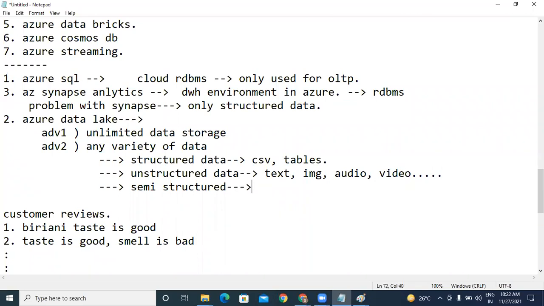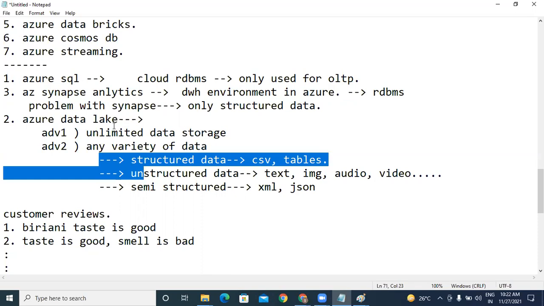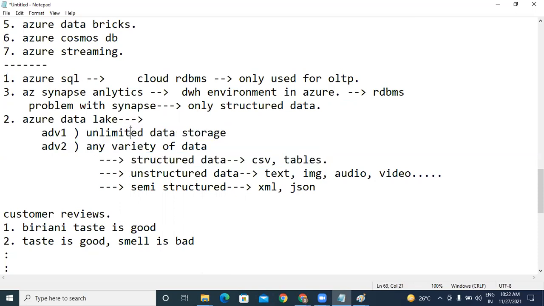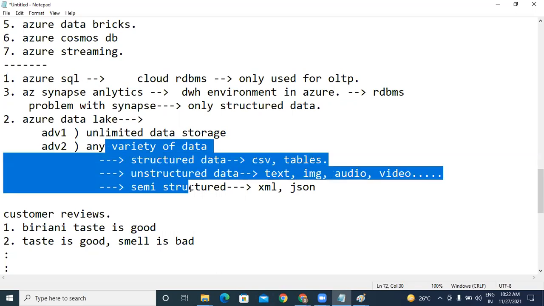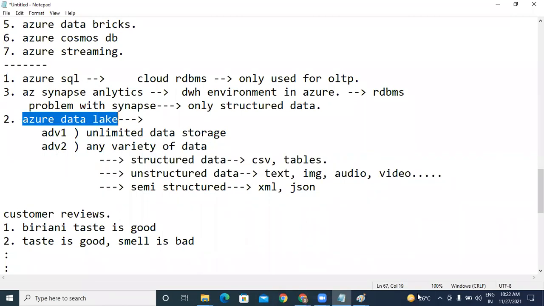Semi-structured means XML, JSON, such kind of things. Any kind of data you can store in the data lake, and any volume, petabytes or multi-petabytes. Any variety of data you can store and process. This is the advantage of Azure Data Lake.